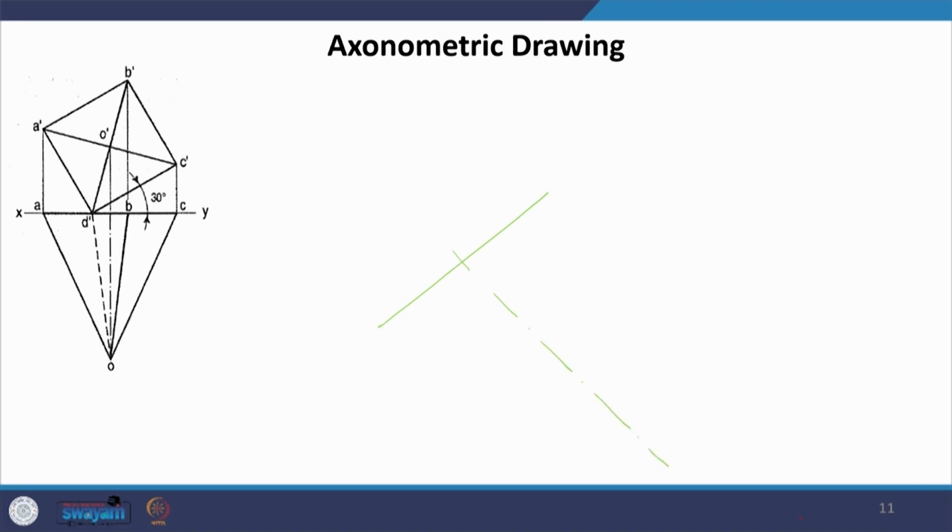This is the axis which we get. On this axis somewhere is this O, B, C, D and A. I am just replicating the plan here first. This is what our plan is, which is what I have drawn in axonometric, and now I am going to give them height.